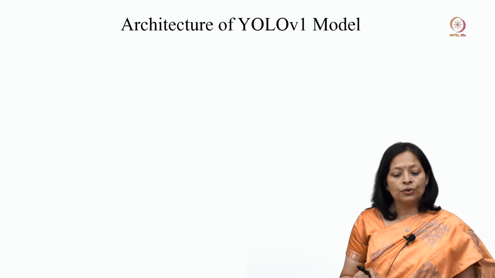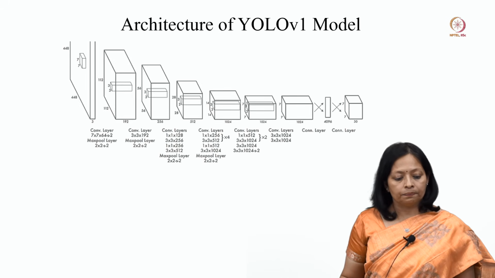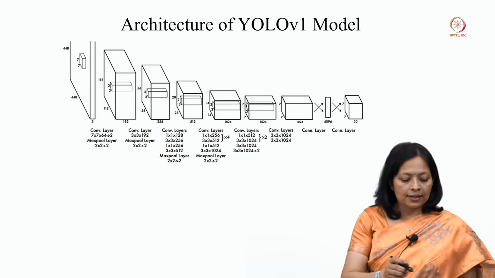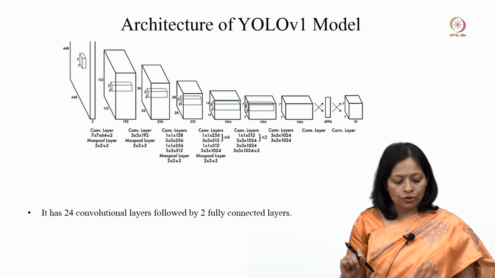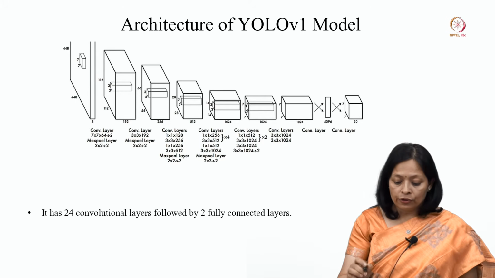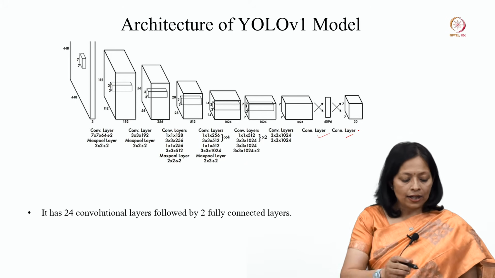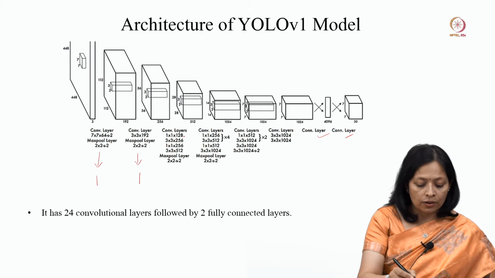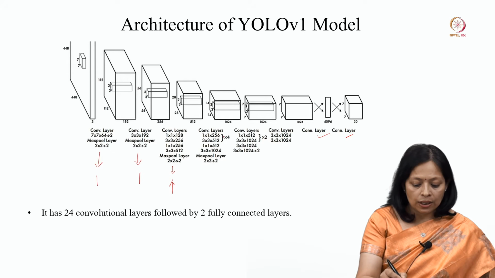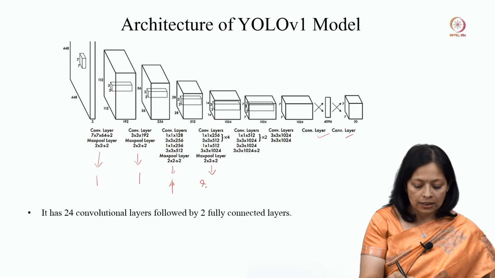Now, we will have a look into the architecture of the YOLO V1 model. The architecture looks like this. There are various convolution layers, and if we count them, it has 24 convolution layers followed by 2 fully connected layers. These are the fully connected layers, and why 24? From here one convolution layer, one convolution here, 1, 2, 3, 4, from here 4 are coming. Here it is 1 and 2, this entire block is multiplied by 4, that means there are 8 plus another 2 convolution layers, that is equal to 10.